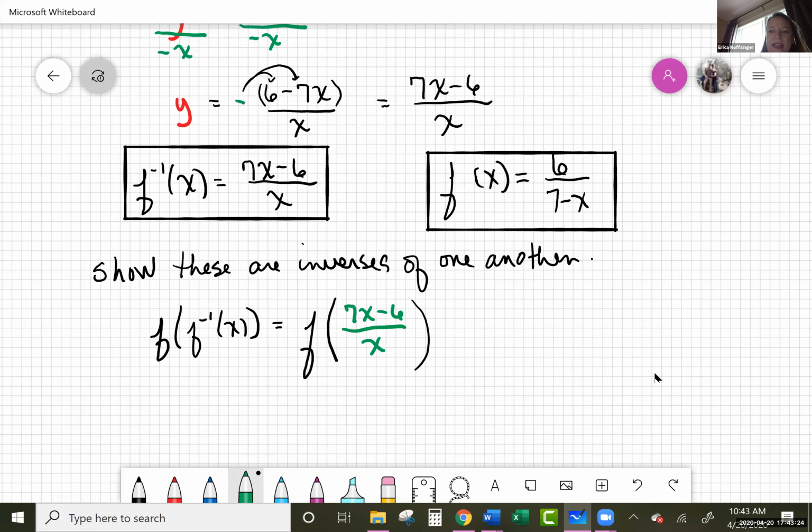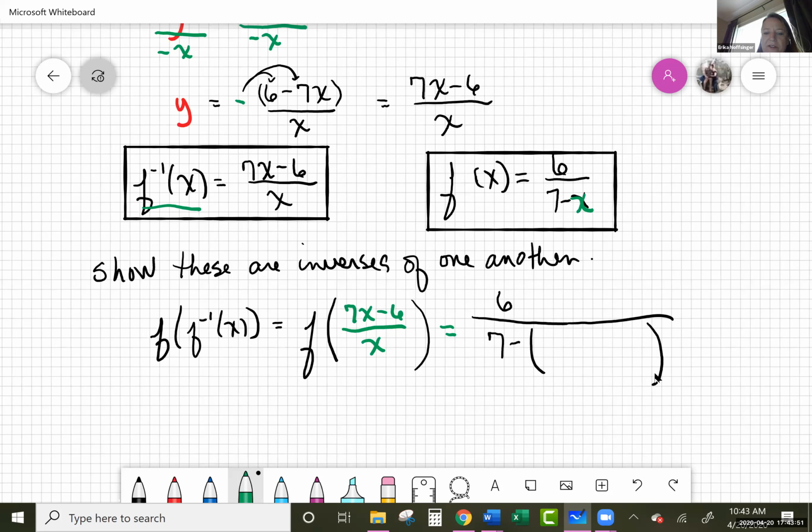So we're going to go back in, and wherever we see an x here, we're going to replace it with f inverse of x. And so this is equal to, my original function f of x is 6 all over 7 minus x. But instead of x, I'm going to put a parentheses there. That's where I'm going to replace x.